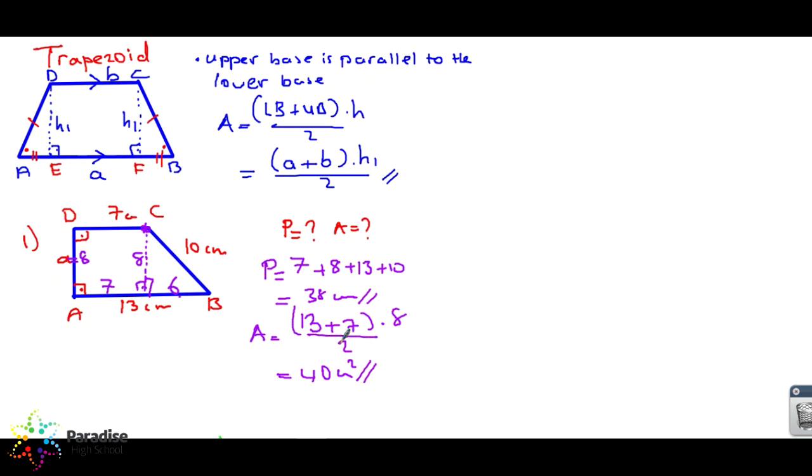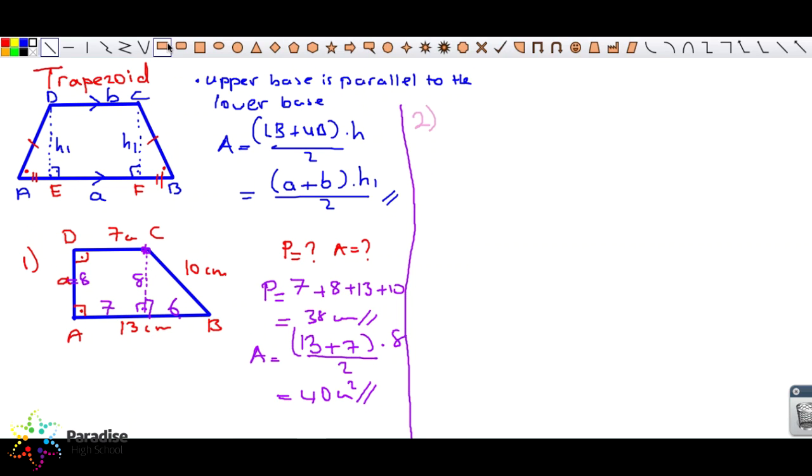If you look at a second example, let's isolate that. Okay, let's use a different color. Let's use this second example. Again, we draw a trapezium.